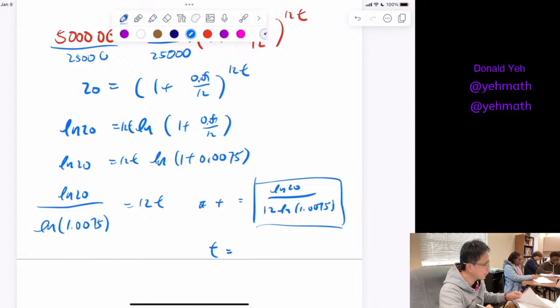Basically, you are solving for a variable this time. Can you tell me?